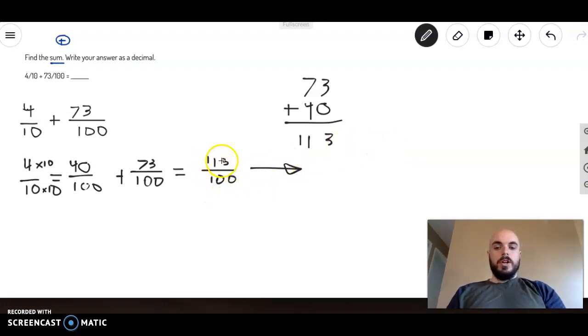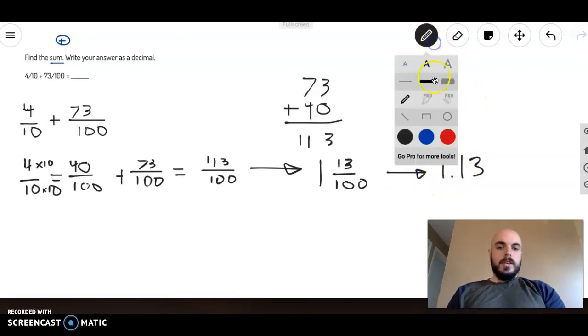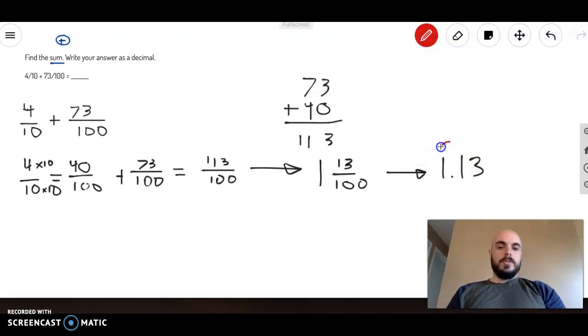So I know there's 100 in 113, my whole number, and I know 113 minus 100 is 13. And it's still going to be over hundredths. And I can then convert that into decimals, like this, 1 and 13 hundredths. That is one potential way to do this.